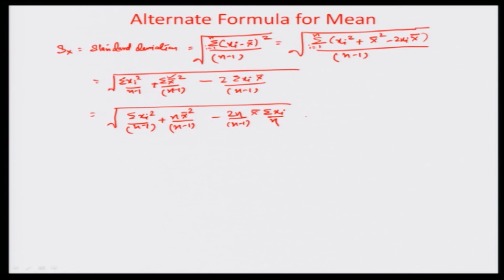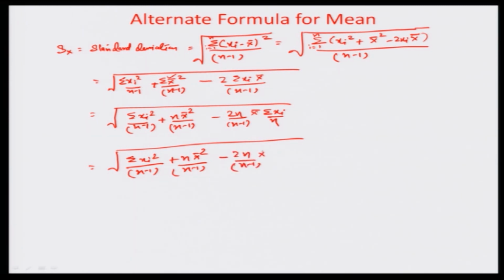And this can further be represented as the root of sigma xi square by n minus 1 plus n x bar square by n minus 1 minus twice n by n minus 1 times x bar square. So eventually we can represent this whole thing as sigma xi square by n minus 1 plus n x bar square. I'm sorry, it has to be minus because you have a plus n and minus 2n.